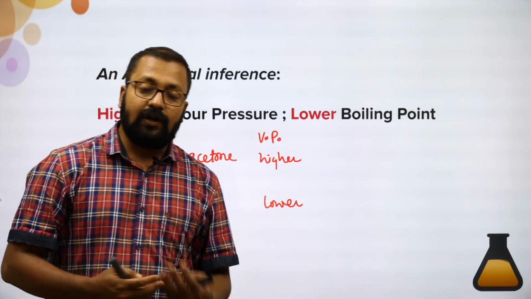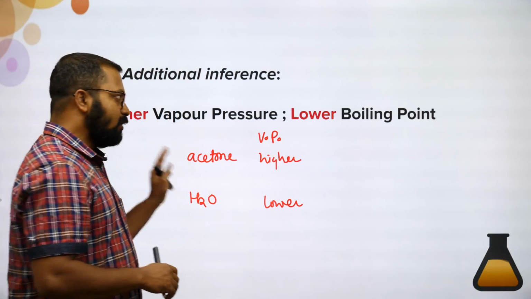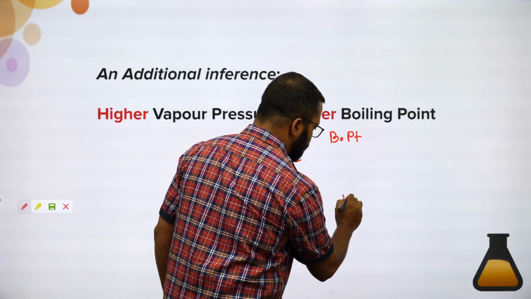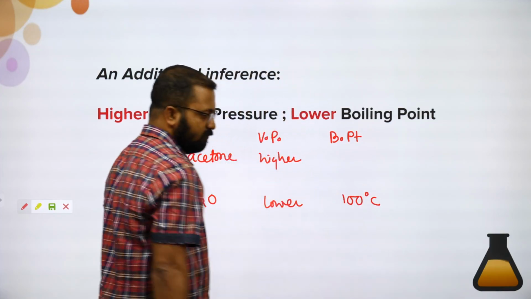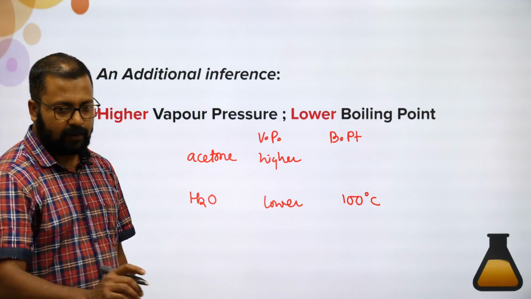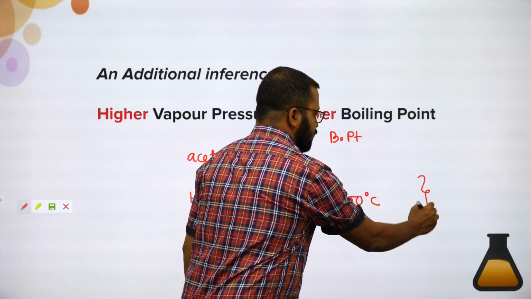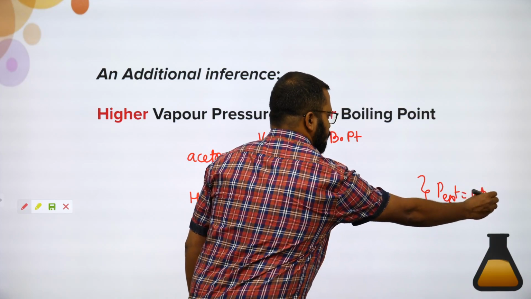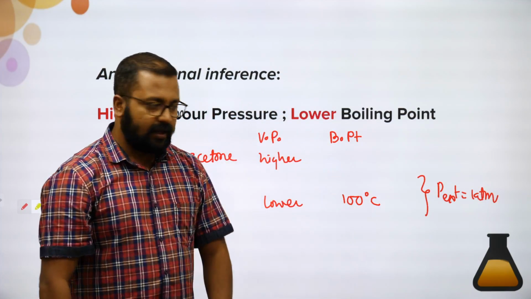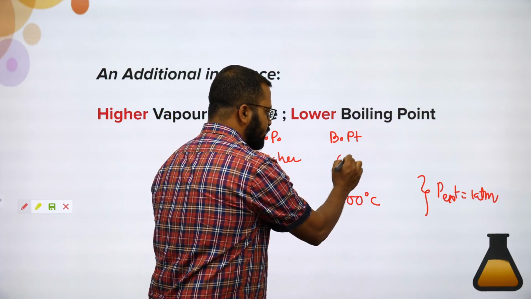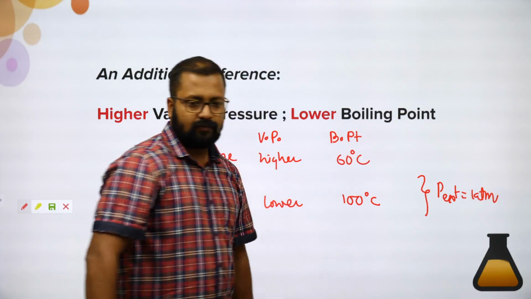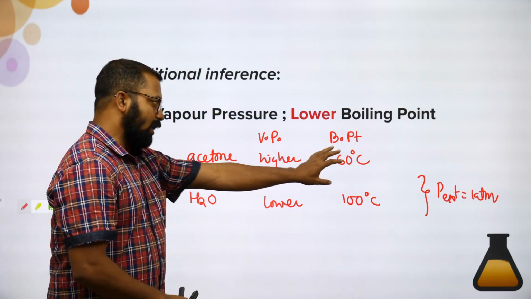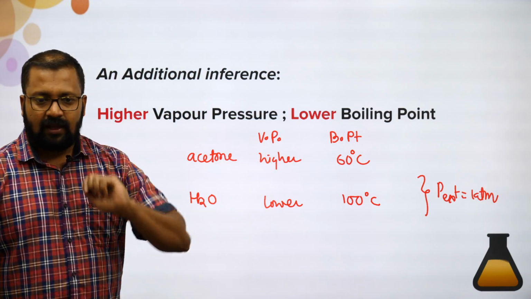Now, with whatever knowledge of these molecules you have, if you know the boiling point, then the boiling point of water is 100 degrees Celsius at 1 atmosphere external pressure, and the boiling point of acetone is somewhere about 60 degrees Celsius.